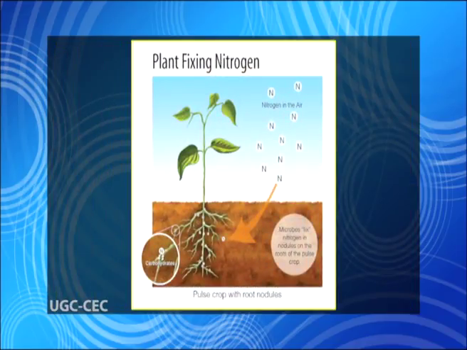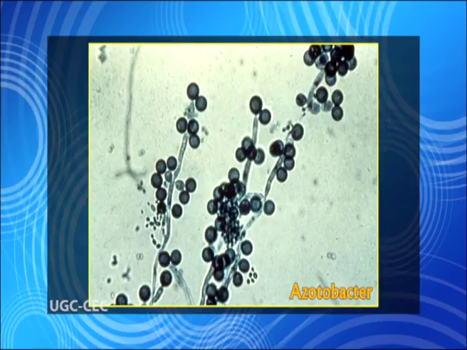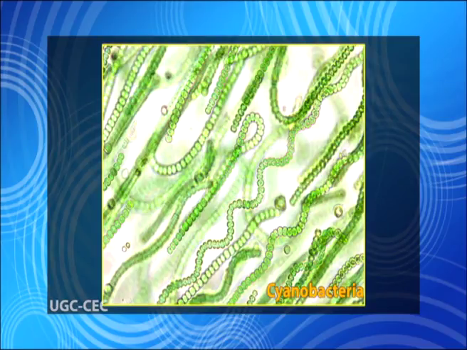The other metabolic pathways that occur in microbes include nitrogen fixation. Nitrogen fixation is a process shown by Rhizobium, Azotobacter, Azospirillum and many cyanobacteria. It involves use of a gene battery called the NIF gene battery.